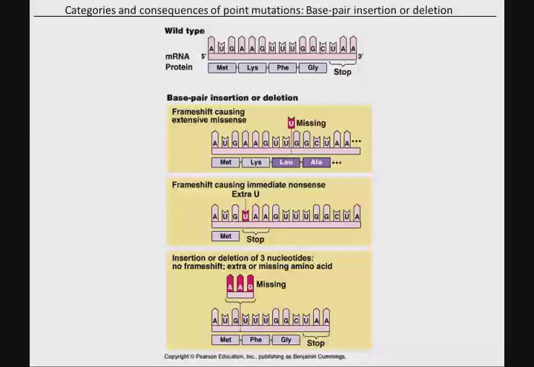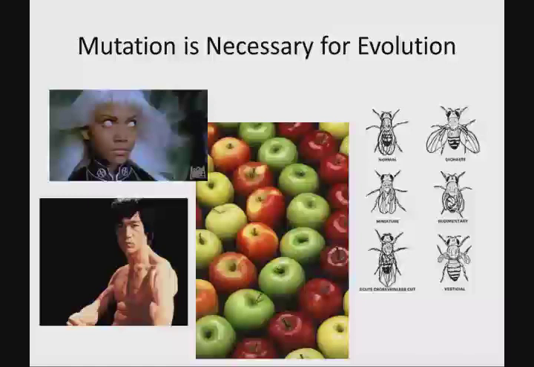Now, mutation is natural and it's spontaneous. It's necessary for evolution to work. So all the diversity that we see is the result of mutants. You are a mutant, right? If you weren't, you would look like everybody else, right?